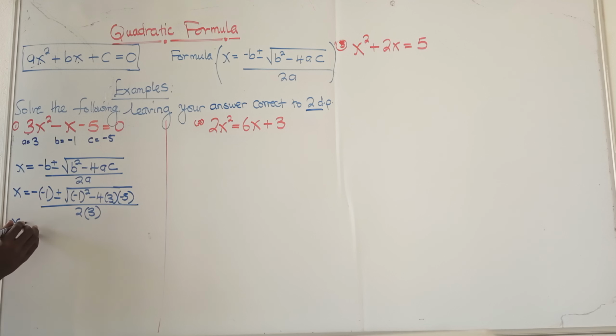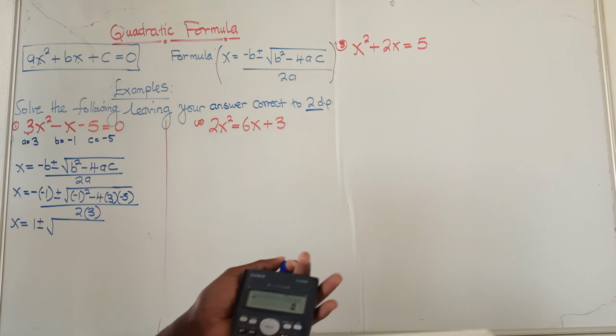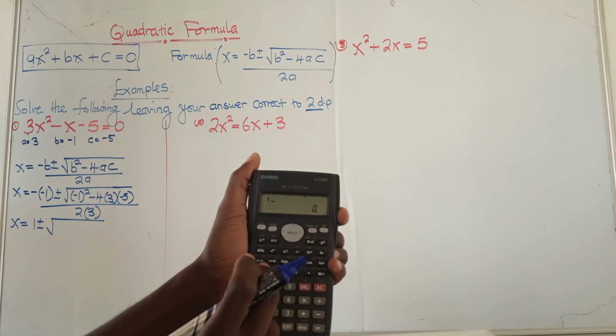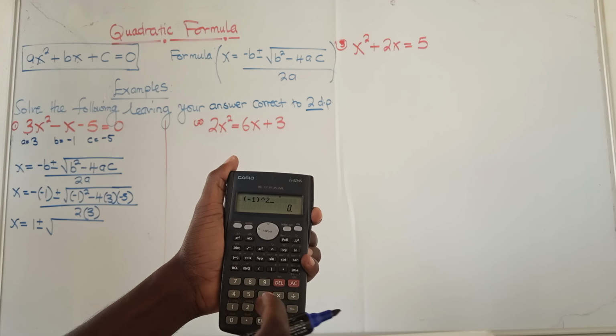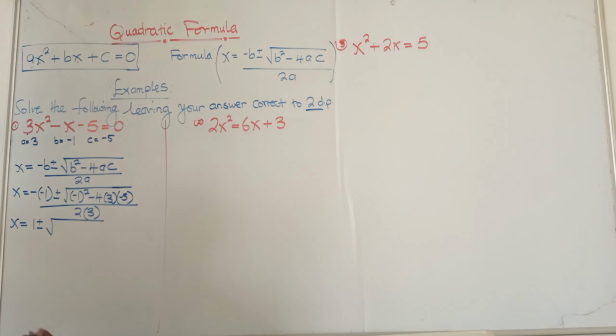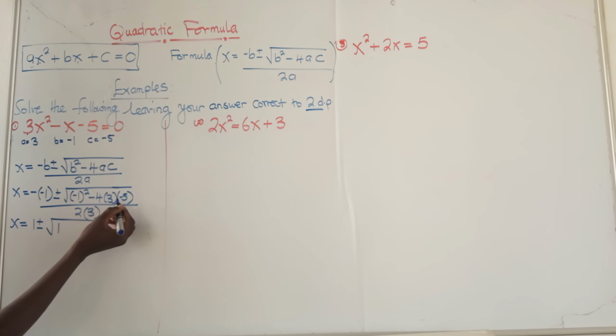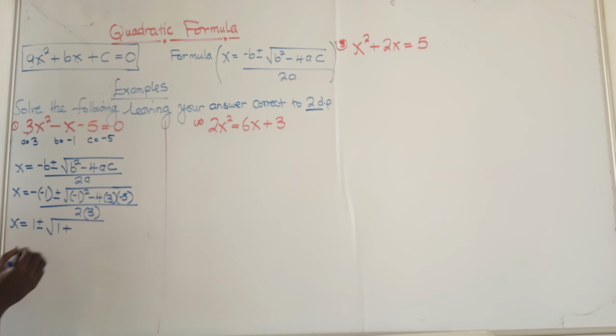So we continue, x will be equal to, here we say negative times negative is positive. So we're just going to have 1 plus or minus the square root. Negative 1 squared, it is what? It is 1. Let me show you. Open brackets, negative 1, close brackets, square. It is 1. So here we have a 1. Now, this negative times this negative gives you a positive.